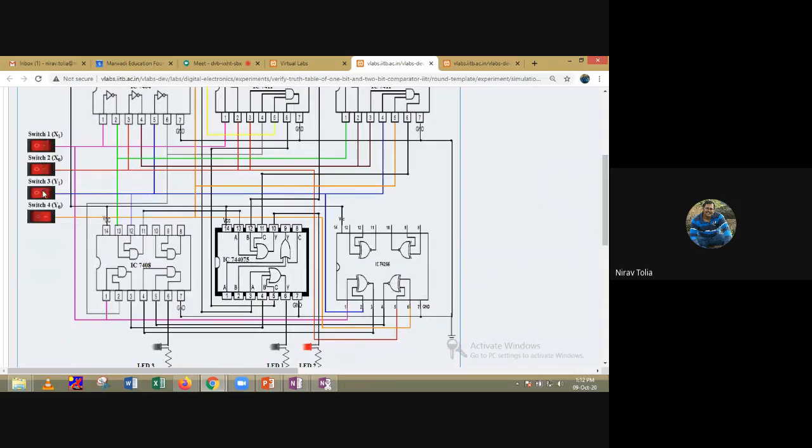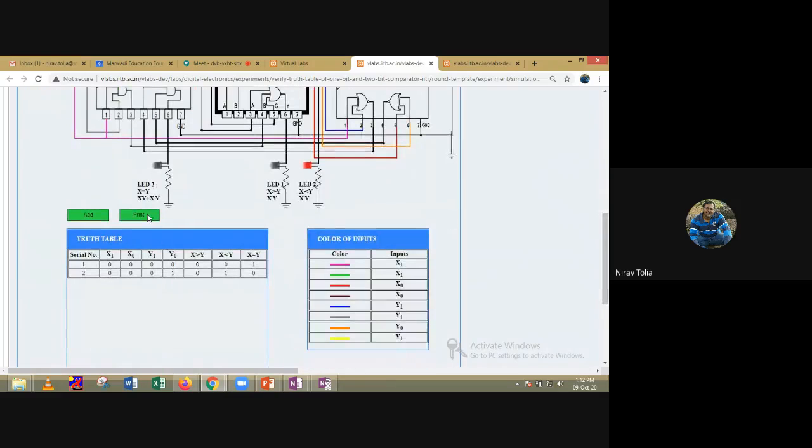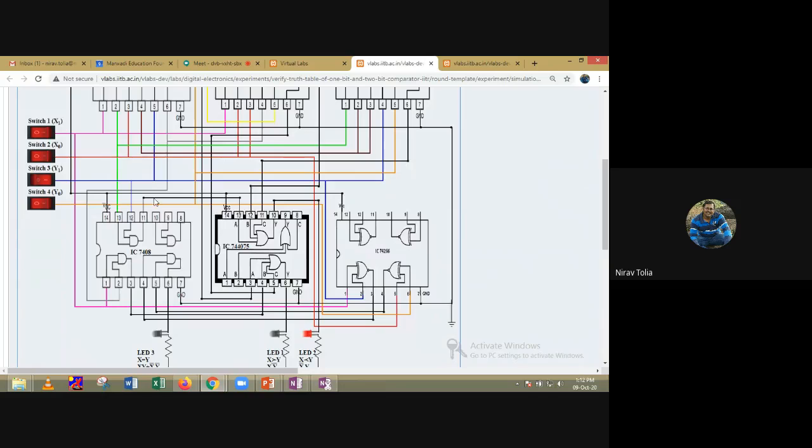Then 0010, again X is less than Y. Add to the table. Why do I show you? Because you have to take the printout of this. You have to make a lab manual of this.